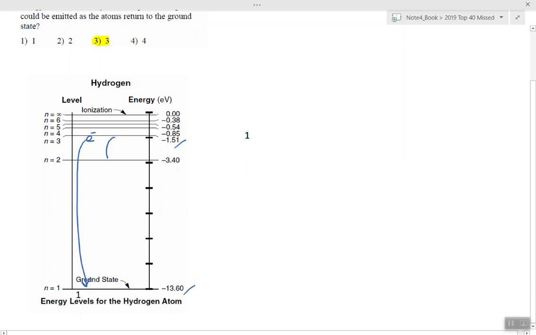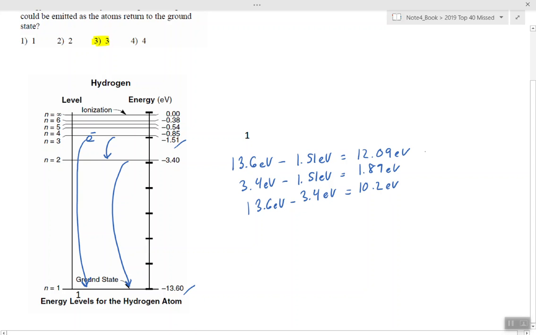It could also go to the second energy level, and from there it can go to the third. So in total, there are 3 photons we're going to see from various electrons as it comes down in one of those 2 sequences. Not that the question asks, but these 3 energies the photons would have would be these 3, corresponding to the step sizes, the differences between the energy levels.